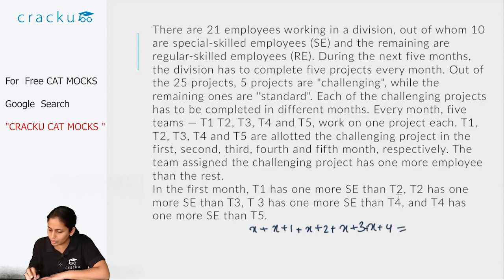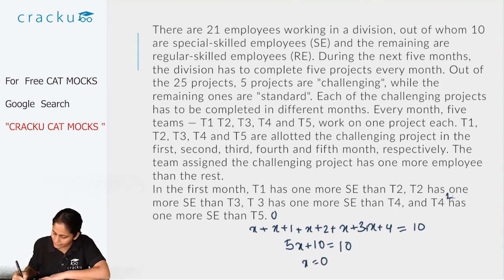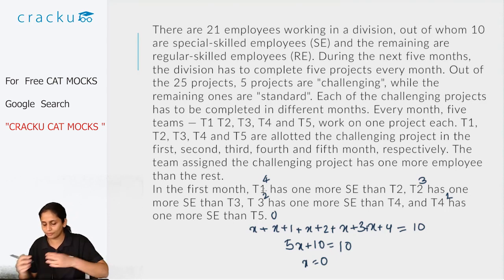This should be equal to the total number of SEs available, that is 10. So we get 5x plus 10 is equal to 10. That means x is equal to 0. So T5 has 0 SEs, T4 has 1 SE, T3 has 2 SEs, T2 has 3 SEs and T1 has 4 SEs. That is what we can infer from this part.